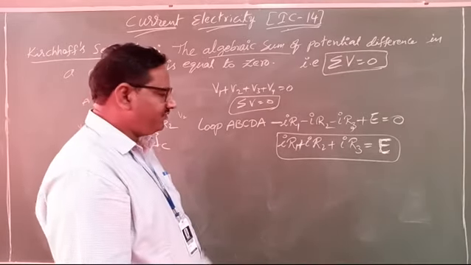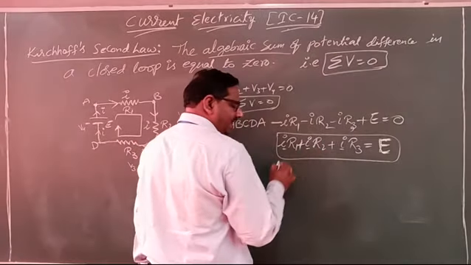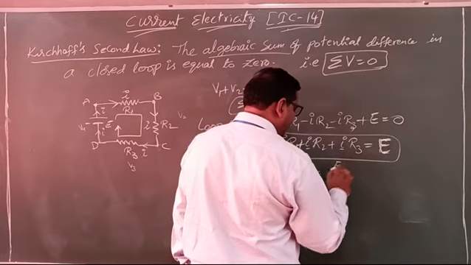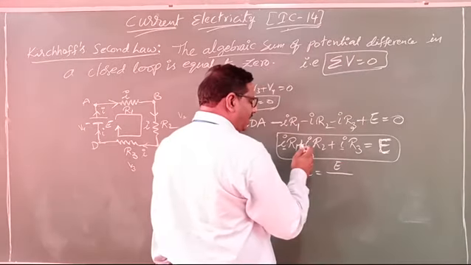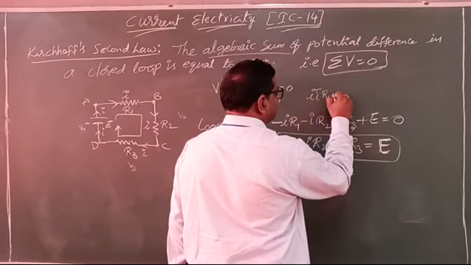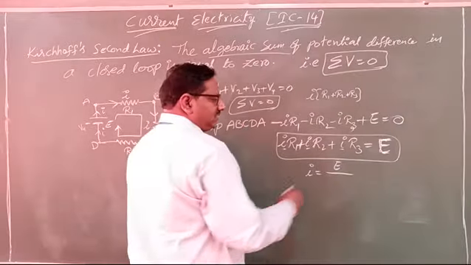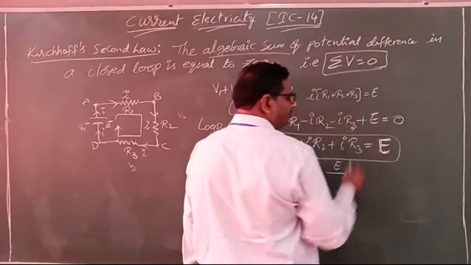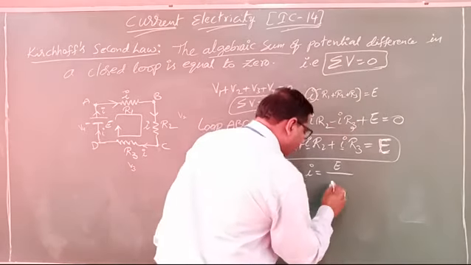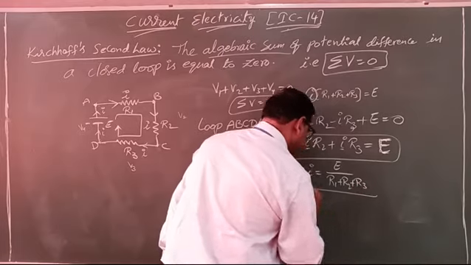Suppose you want to find the current. Here I, here I, here I, so I take it common. Then I into R1 plus R2 plus R3 equals E. By using this, I equals E divided by R1 plus R2 plus R3.